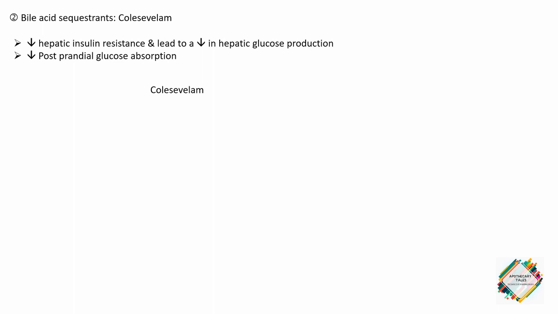So we already know the function of GLP-1, the incretins, in reduction of glucose. At the same time, the bile acid binding by colesevelam leads to TGR5 activation and increased secretion of GLP-1 or other incretins and inhibition of hepatic glycogenolysis. And all of this will further contribute to a decrease in the blood glucose levels.